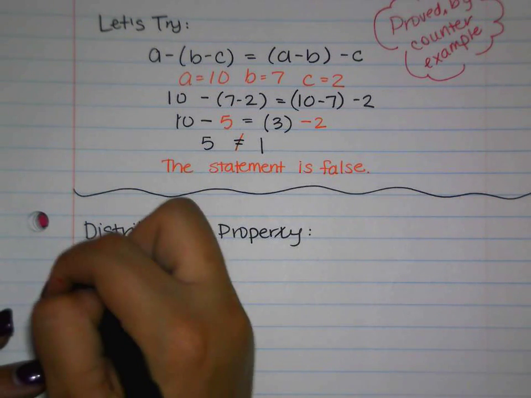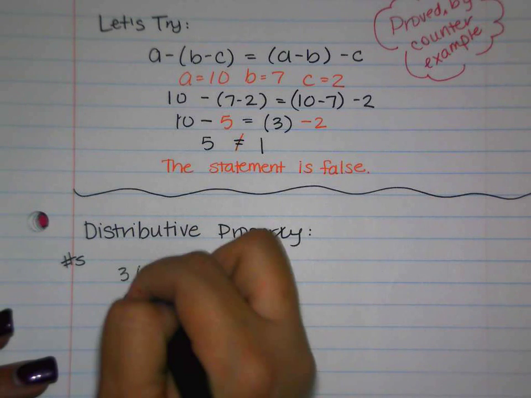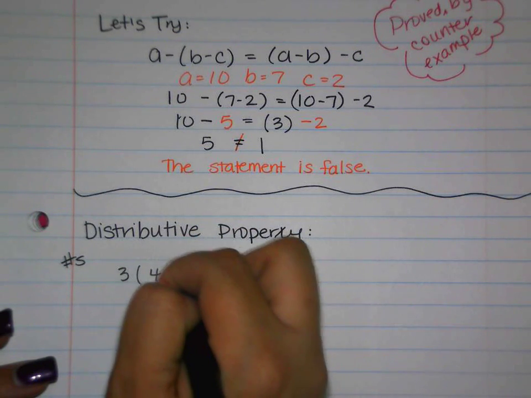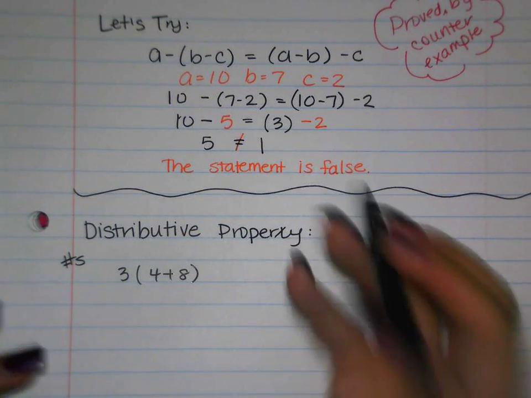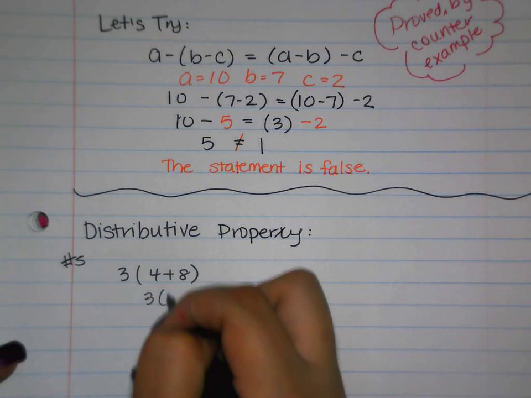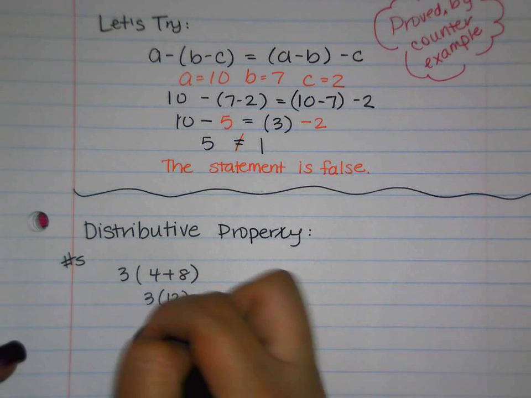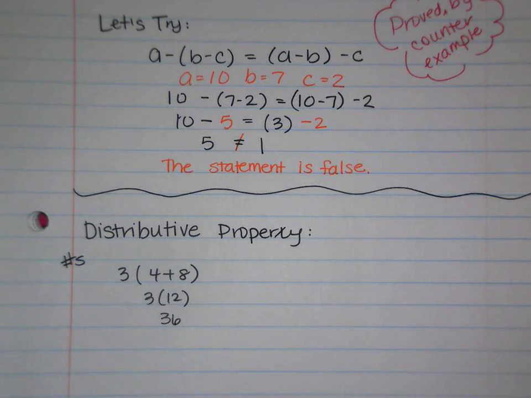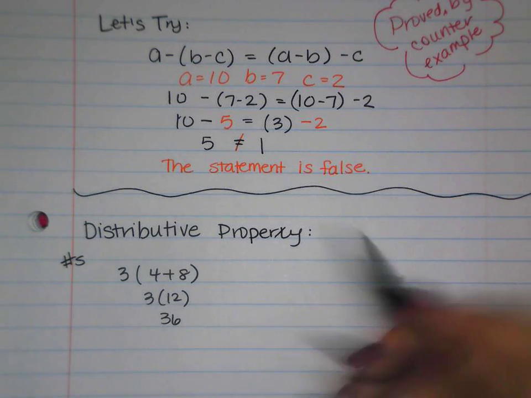In numbers, we're going to say that's 3 times 4 plus 8. If we just did this regularly, we could do this first. We'd solve this and we'd say it's 3 times 12, and 3 times 12 is 36. Now remember, Common Core is kind of about solving the same thing in multiple different ways.